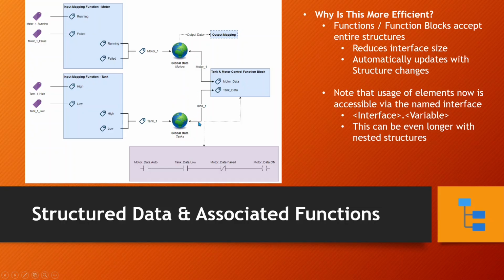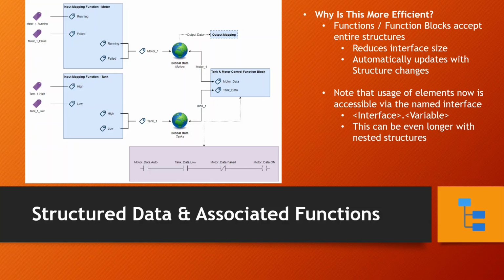You could pass tank 1 in all of those instances, or pass a different tank for different tanks controlling that function. So you get a bit more of a mix and match going on in terms of the structures that you're sending, without the complicated 20-pin interfaces that some people might be more accustomed to using.